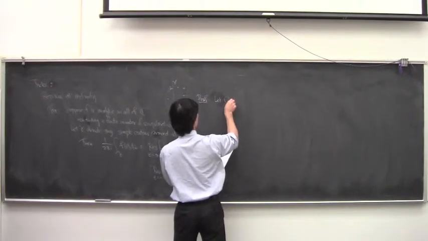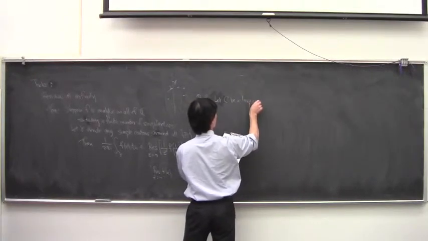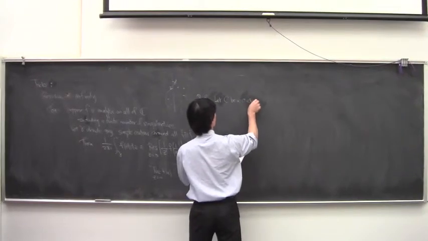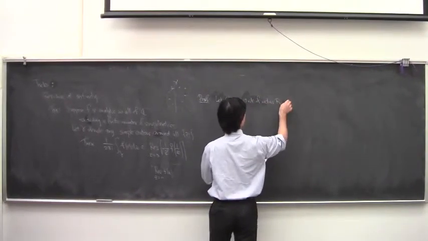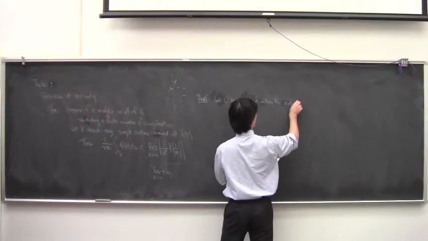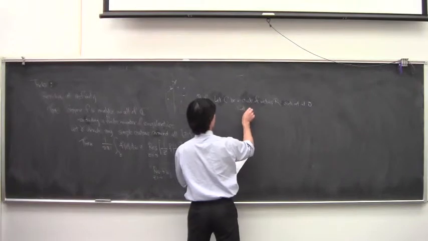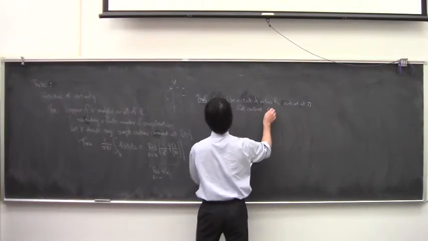Let C be a large circle of radius r, centered at 0, that contains gamma.